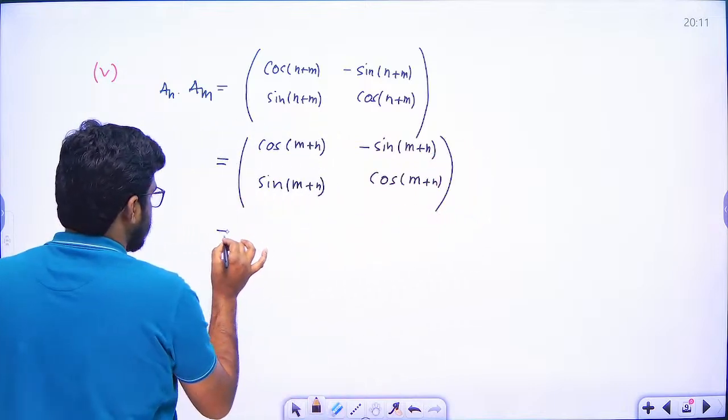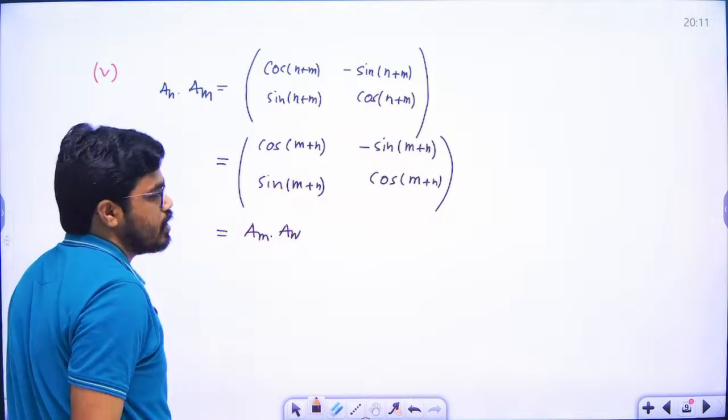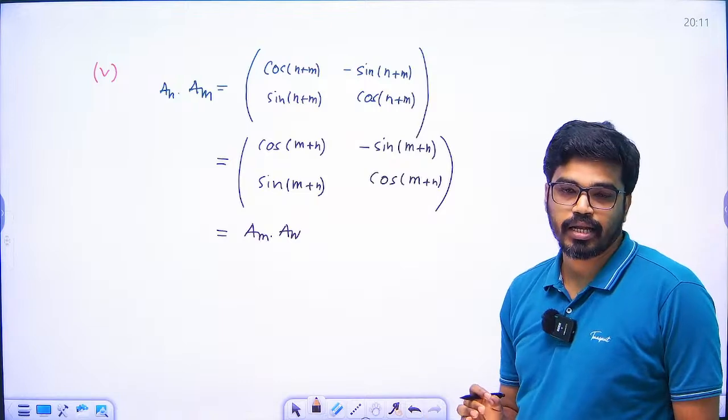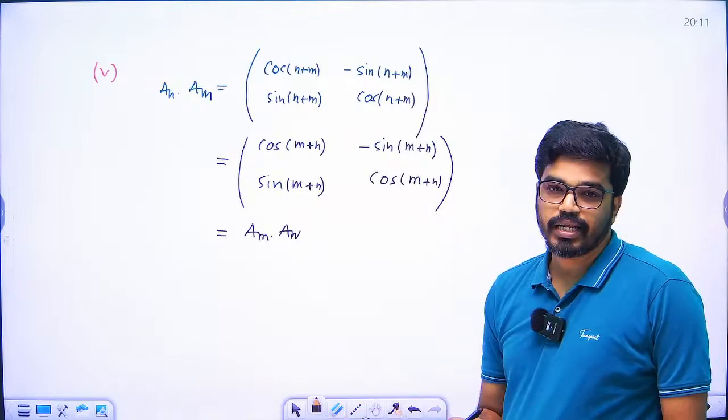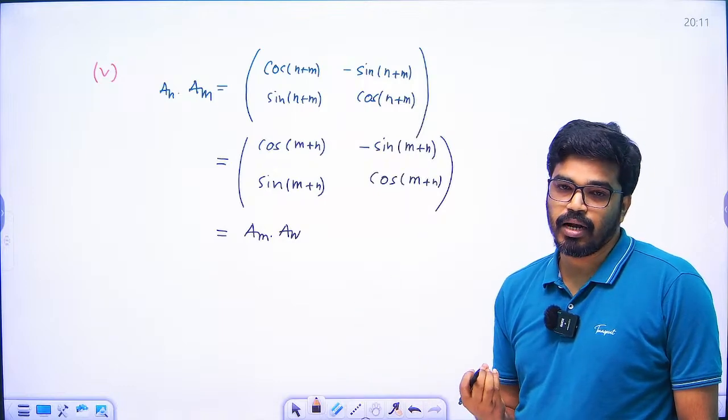That means this is am dot an. So an dot am equals am dot an, and we conclude that G is a group with respect to matrix multiplication.